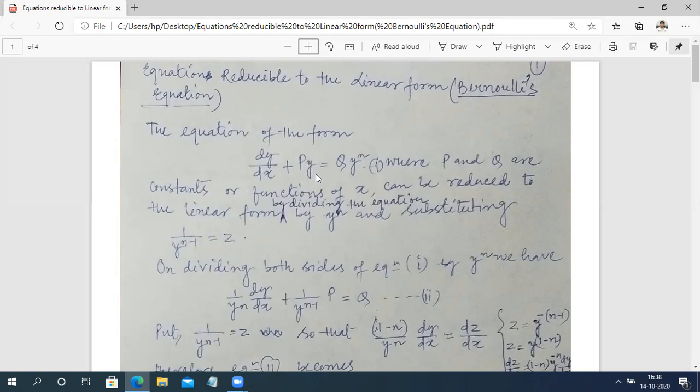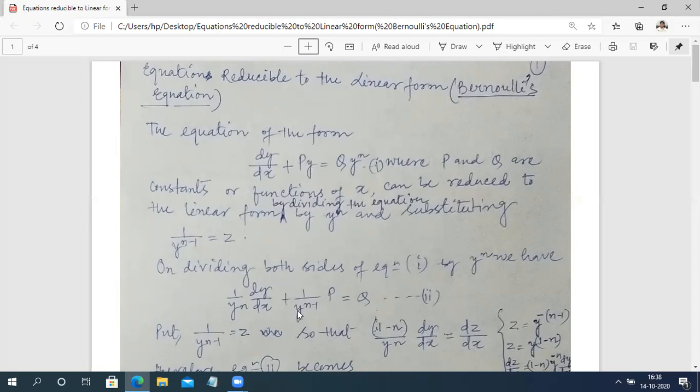Okay, so let's see what will happen if we divide the whole equation by y^n. This equation will become like this: (1/y^n) dy/dx + P, where P is a function of x, into y/y^n.